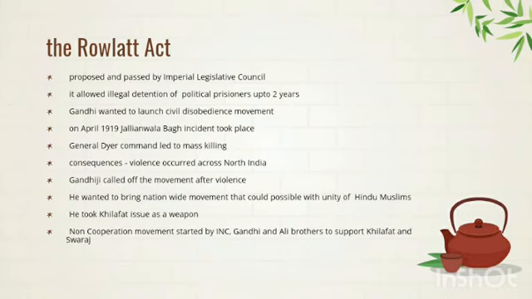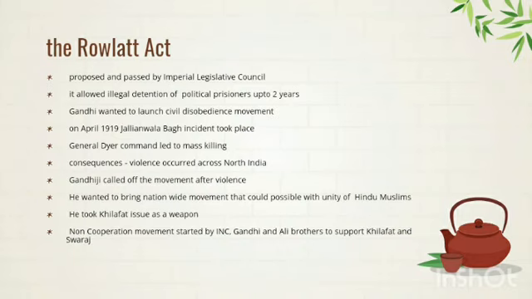As the news spread, crowds took to the streets. There were strikes, hartals, clashes with police, and attacks on government buildings. And once Gandhiji came to know there was widespread violence across India, he immediately called off that movement. Here is one more piece of information.